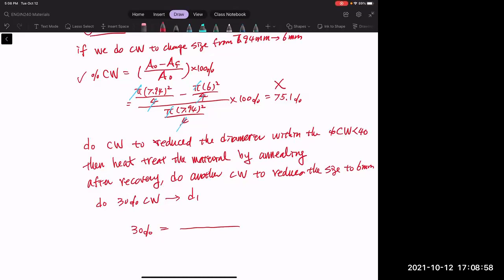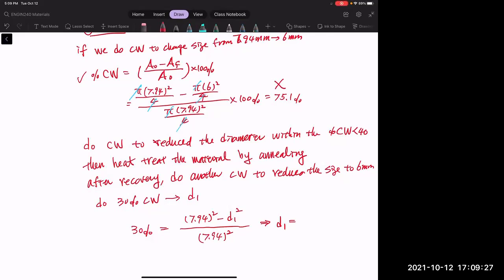I'm going to eliminate pi over 4 because it will cancel out. I just need to write the diameter squared. So I start with 7.94 squared minus d1 squared over 7.94 squared. And I solve for d1. That is the diameter I'm going to do for the first cold work, and the cold work is 30%.